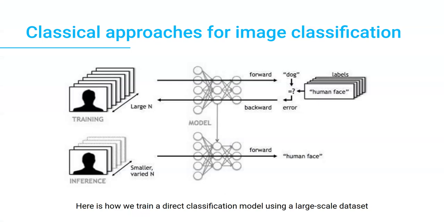Thus, having labeled datasets where each sample has a corresponding label, we can train it in an end-to-end manner using backward propagation. Such an approach allows us to classify an image using one forward pass through the network at inference time. But for training, it requires a large-scale dataset.